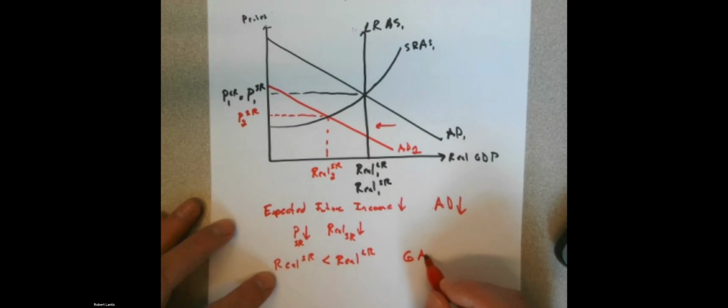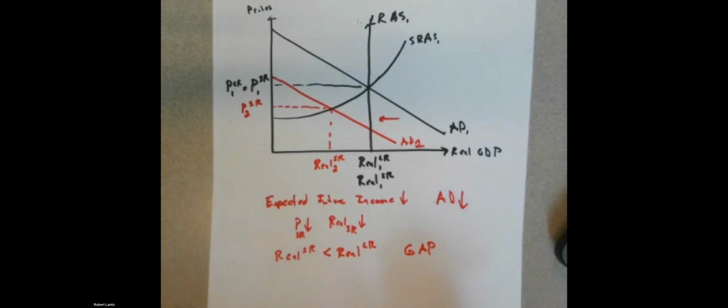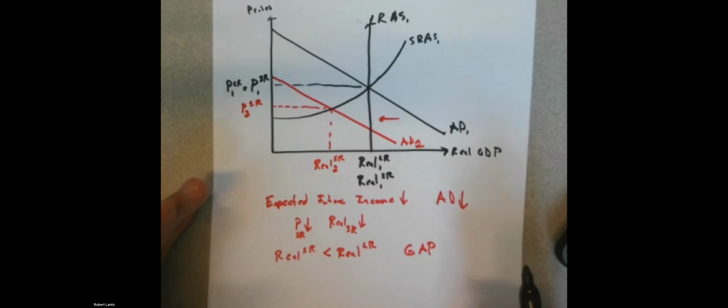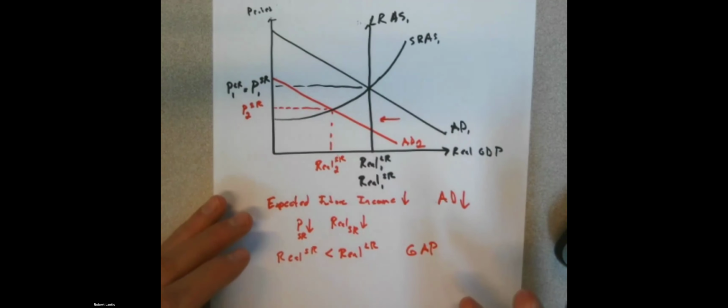So once again, I have a gap being caused in my current level of short run GDP, compared to where we know in the long run we'll get back to that maximum or potential level of GDP in our economy. So we have this gap. My output is actually too low. There's another way of thinking about this.